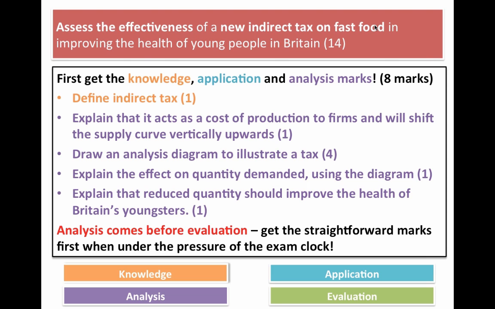What's the impact on health, for example, weight levels, obesity risk, that kind of stuff, okay? You can get up to 8 marks for KAA, literally, without thinking, providing you've got the good understanding, the good knowledge, the good diagrams ready to roll.